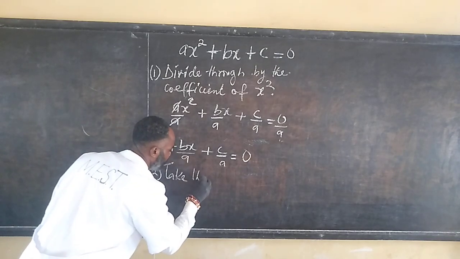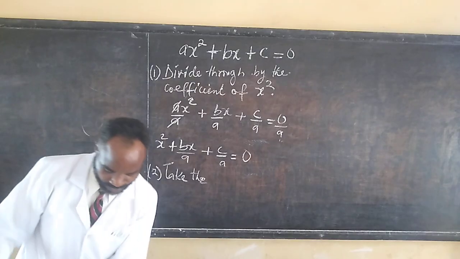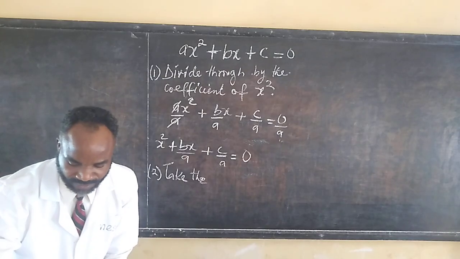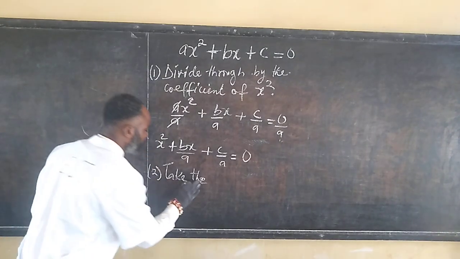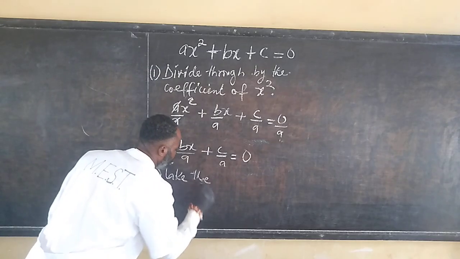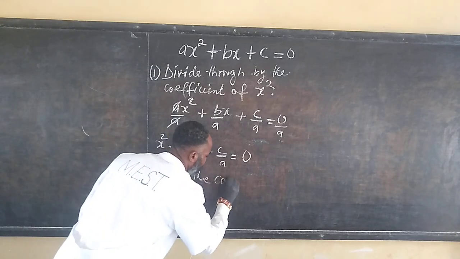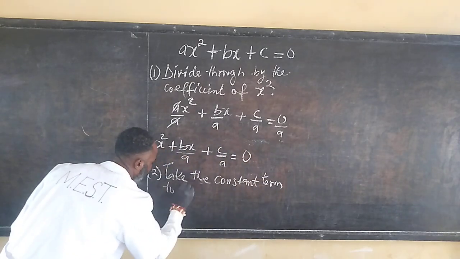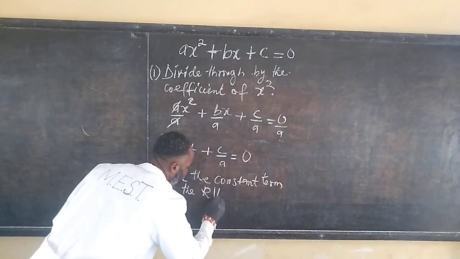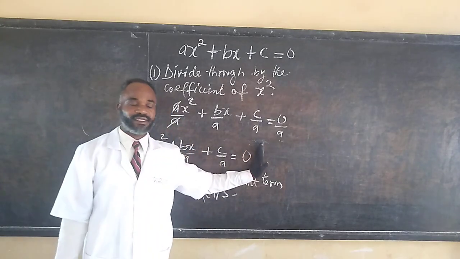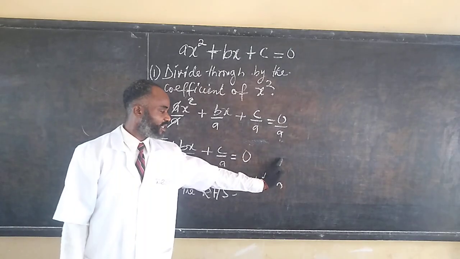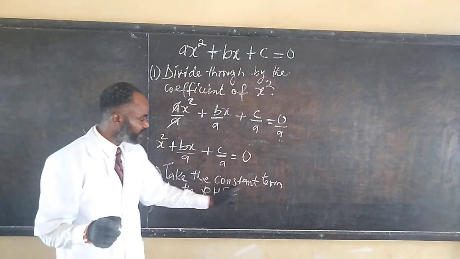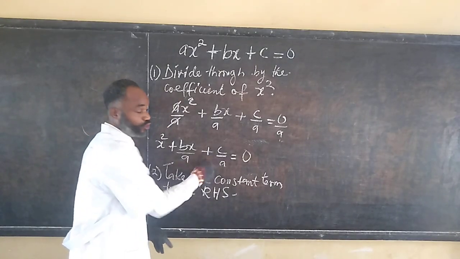Take the constant term to the right hand side. Look at this, this is the right hand side, and this side is the left hand side of the equation. So the instruction is take the constant term, which is c over a, to the right hand side.